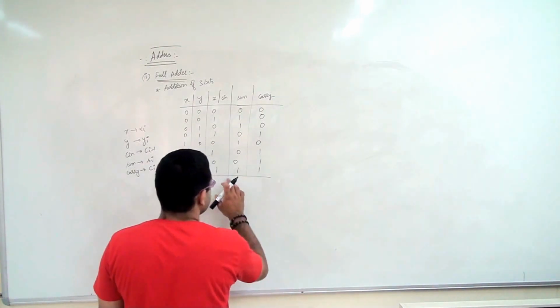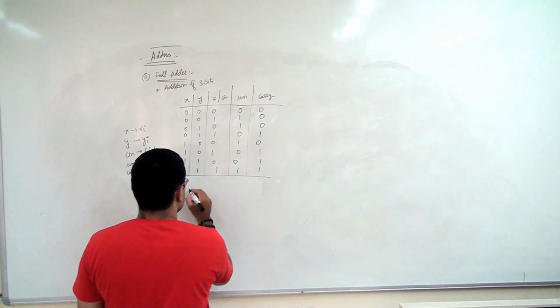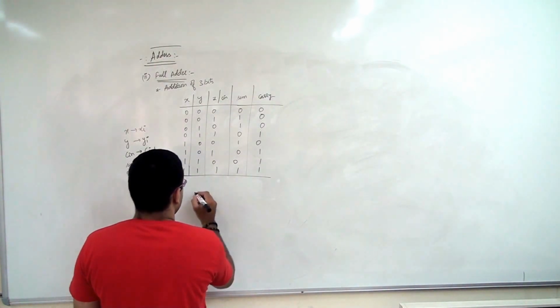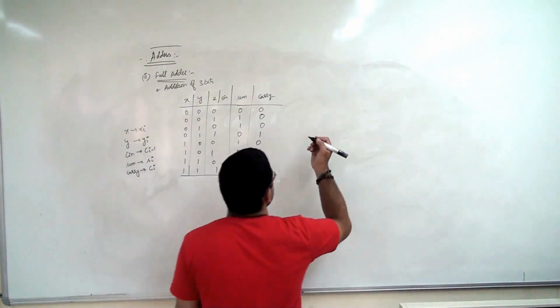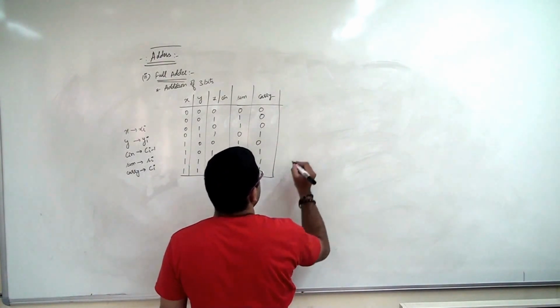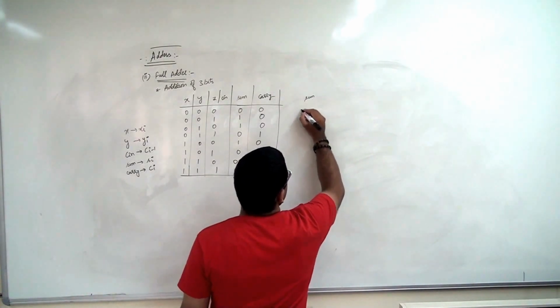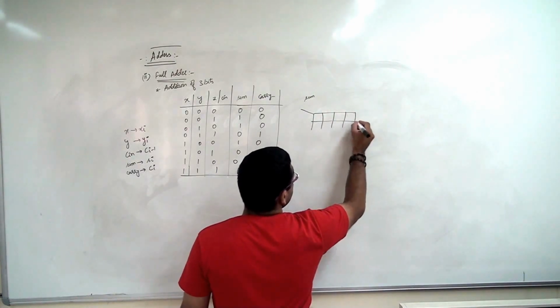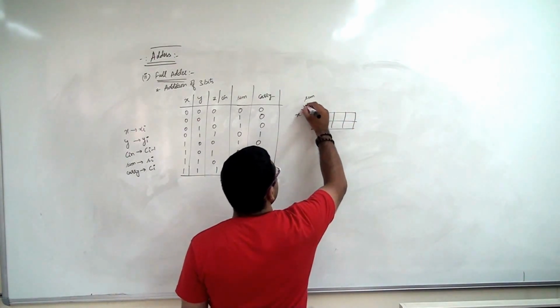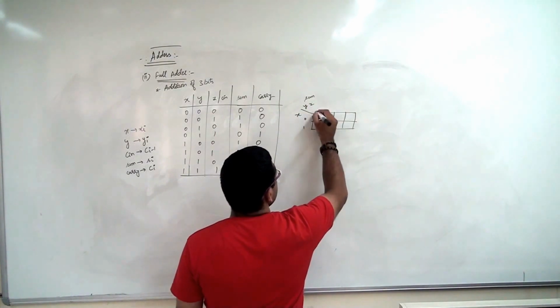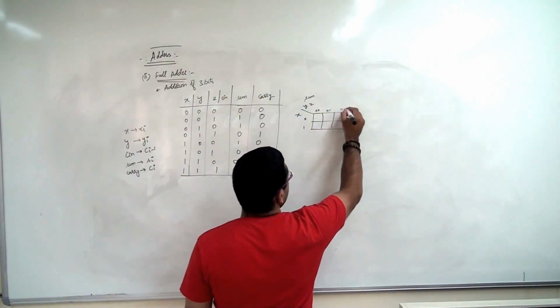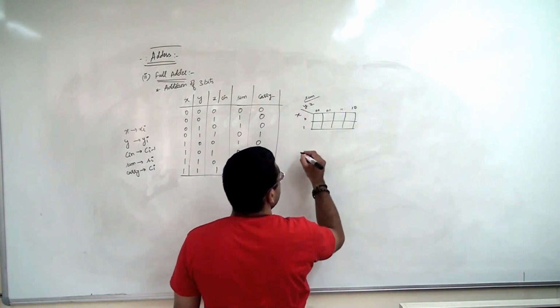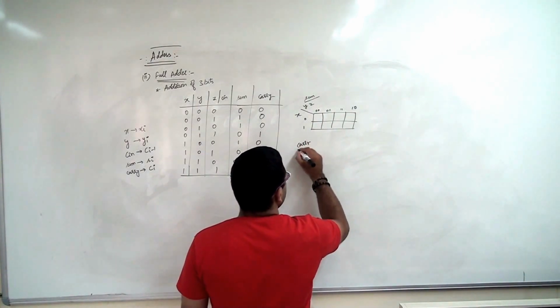So now from this function actually, if we simplify, okay, let us draw the K-map for this. We have x and yz, this 0, this 1, 00, 01, 11 and 10, and similarly we will draw for carry also.